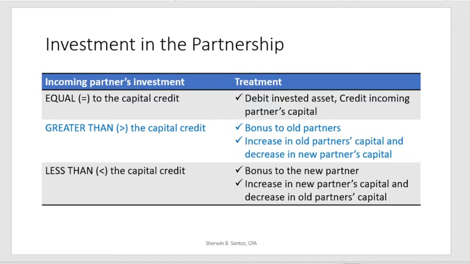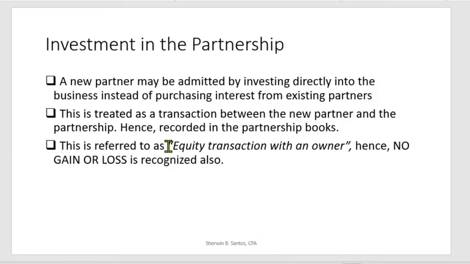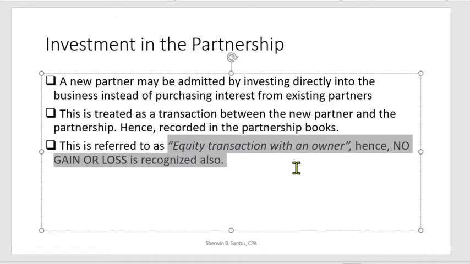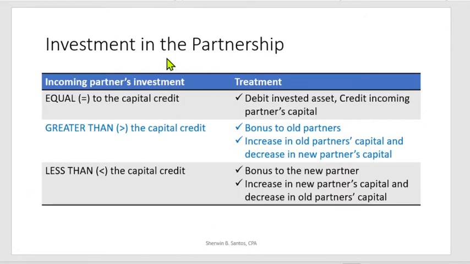So dahil dito sa scenario na ito, ang sabi niya dito, the equity transaction with an owner, hence no gain or loss is recognized also kahit investment in the partnership yan. So wala kang makikitang gain or loss on the partnership books. So let us illustrate this.